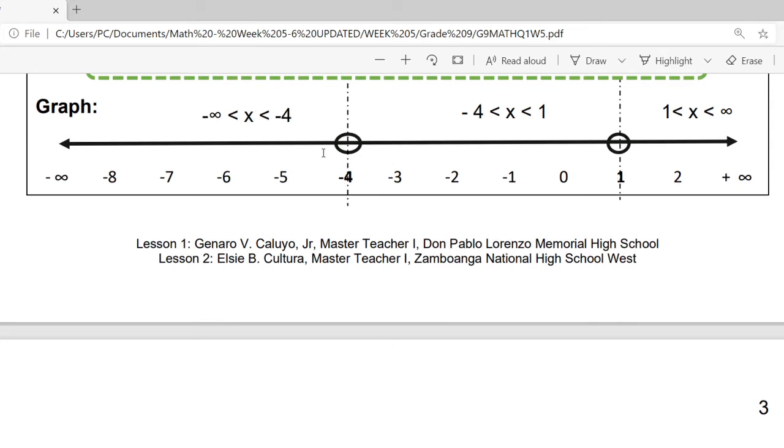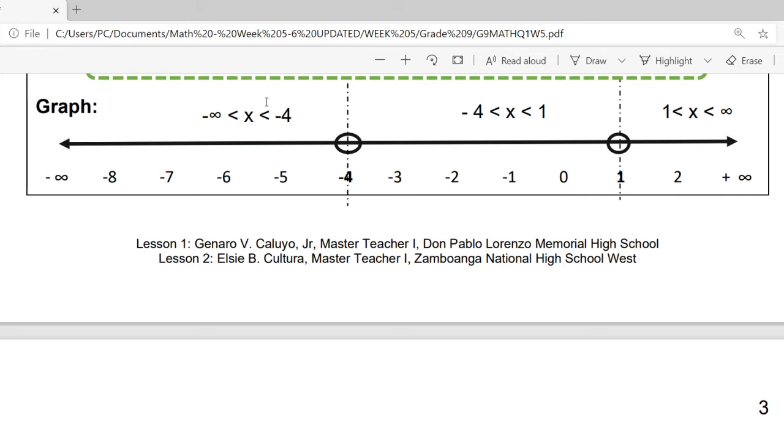So from there, you have to create intervals. These are the numbers less than -4. These numbers here are greater than -4 but less than 1. And this side here are numbers greater than 1.